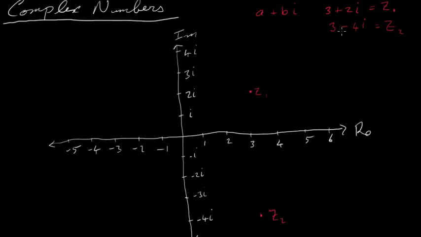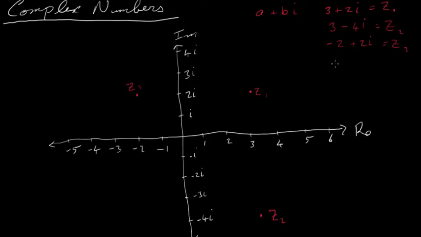Okay, so if we want to do another one then, let's say minus 2 plus 2i, we'll call this one z3. So minus 2 is the real part, so we go down here minus 2, and then it's plus 2 on the imaginary line, so we put a point here, and that is our z3.